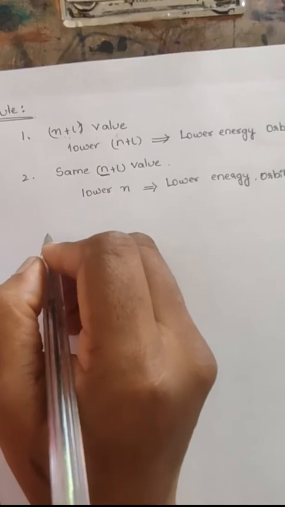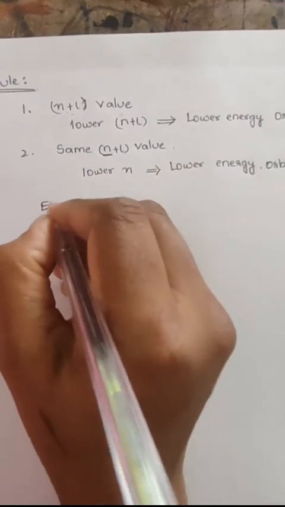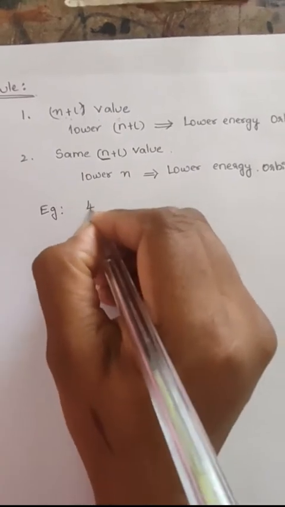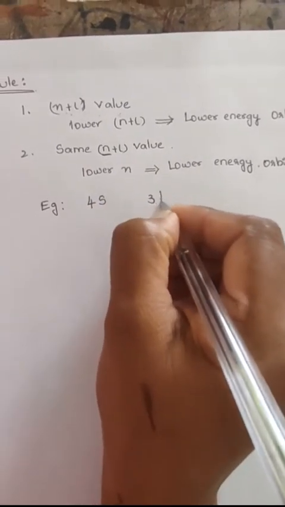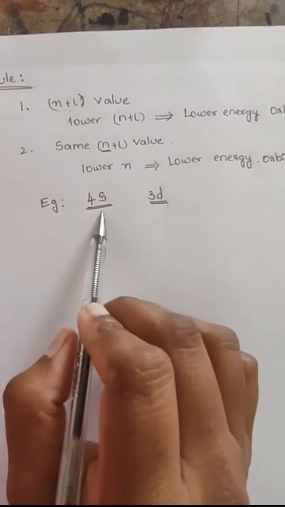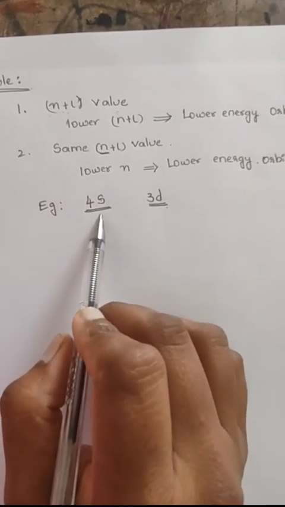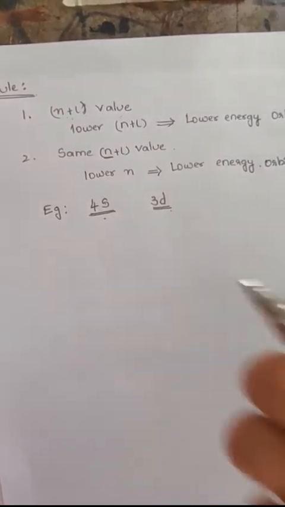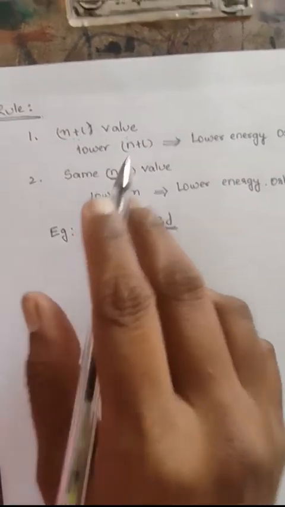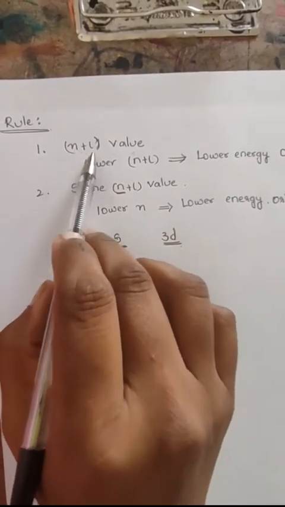Let me explain this with an example. For example, the 4s orbital and the 3d orbital. For these two orbitals, we want to check which one is the lower energy level and which one is the higher energy orbital. The first step is to calculate the n plus l value.